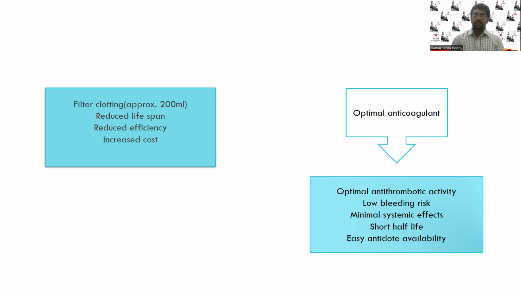Studies have shown that when CRRT is ideally scheduled for 24 hours, most of the time, because of clotting issues, on average it has to be cut down to 16 hours.